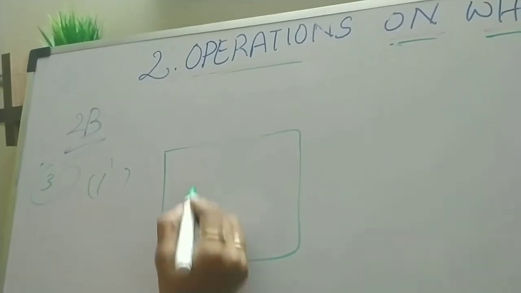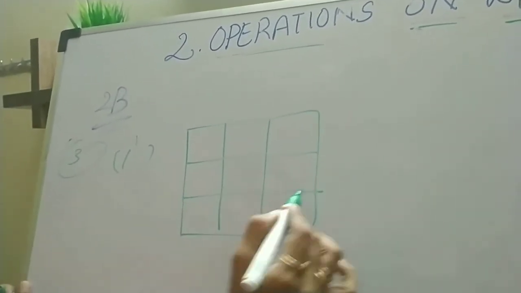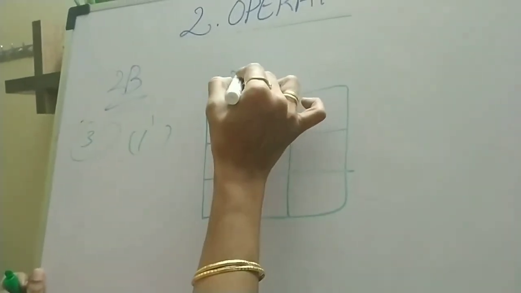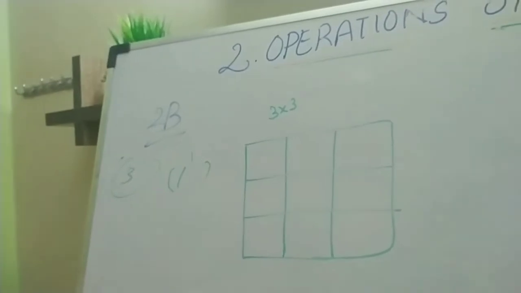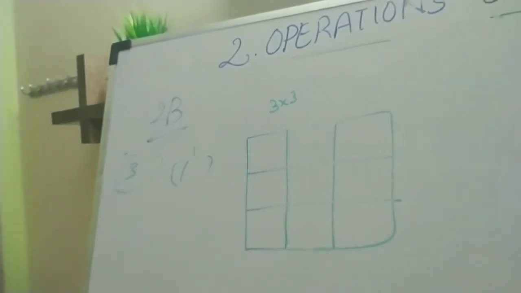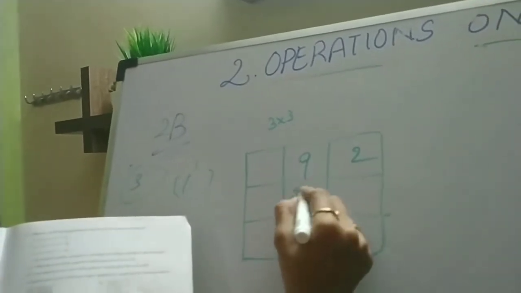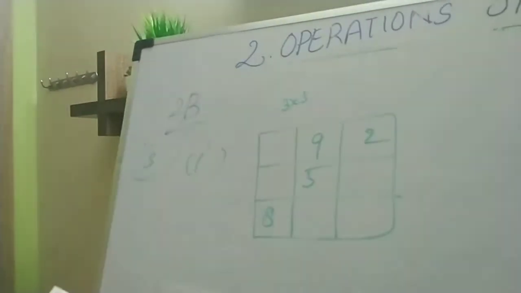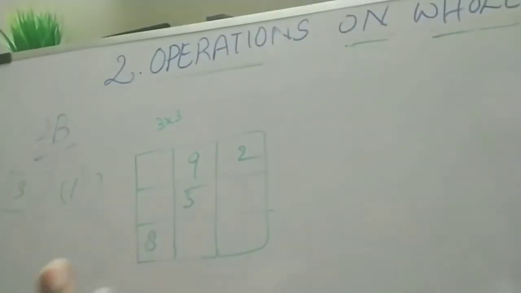I am taking one pattern, 3 by 3. This is a pattern of 3 by 3. So fill this one. What they have given: 9, 2, 5, 8. This is the pattern they have given. We have to find out the missing numbers here.